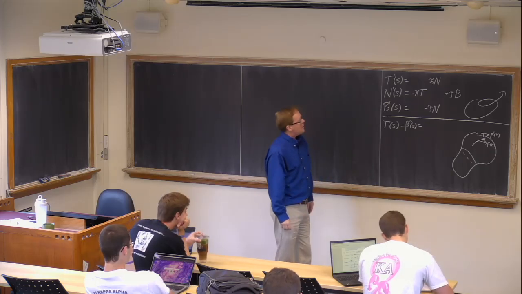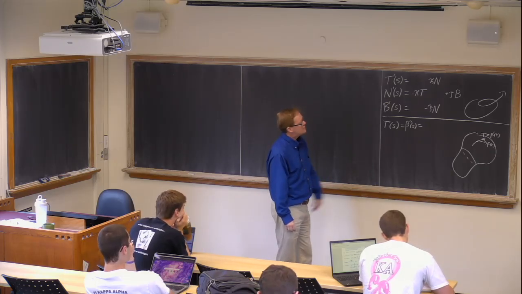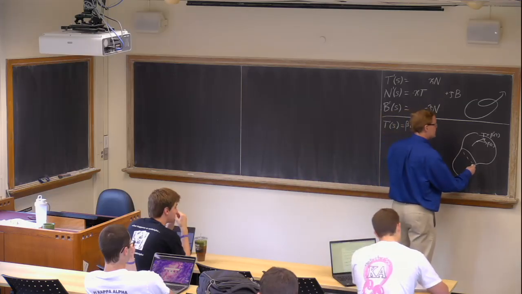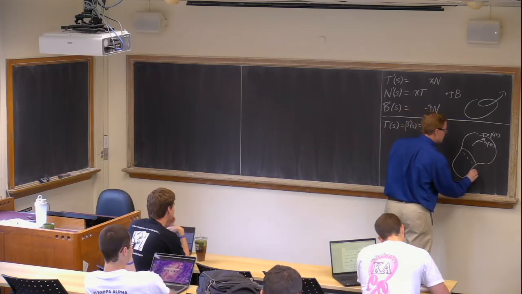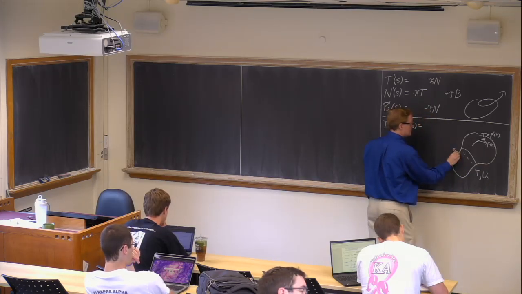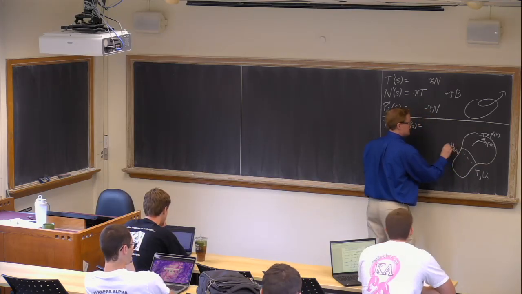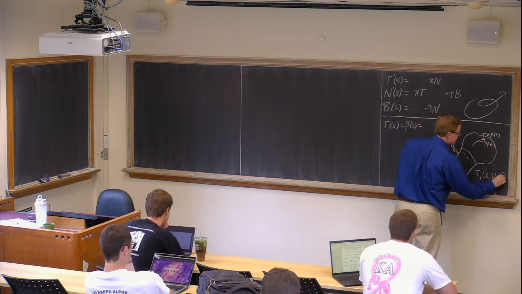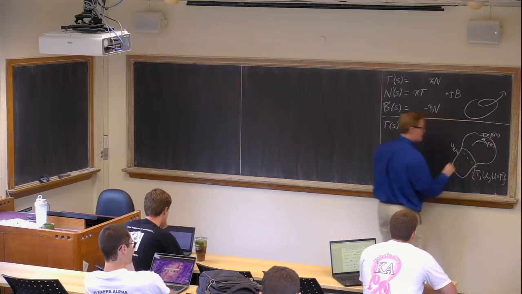We don't define N in the same way, because the natural frame here is T, and then U, which is a unit normal vector defined everywhere on the surface, and then U cross T. So this is our natural orthonormal frame.